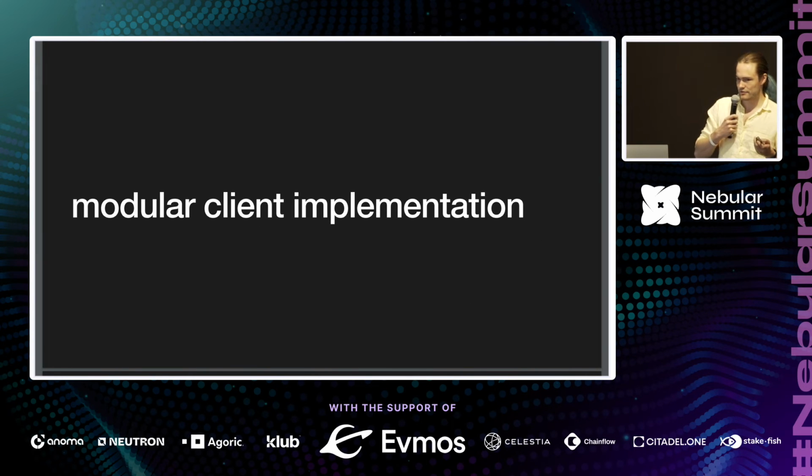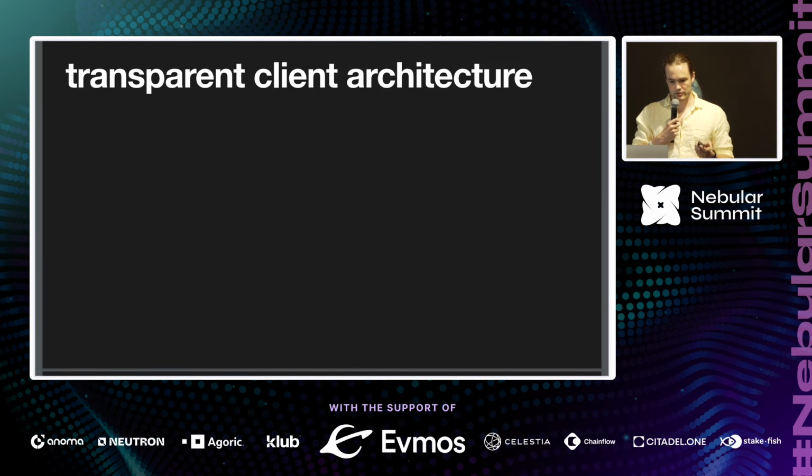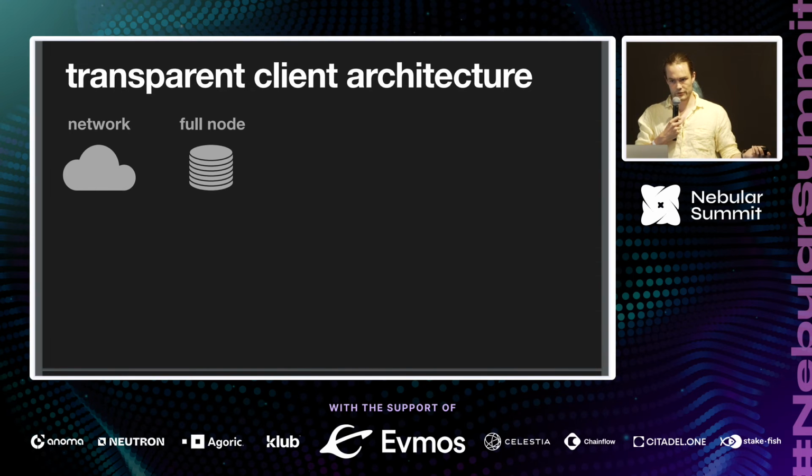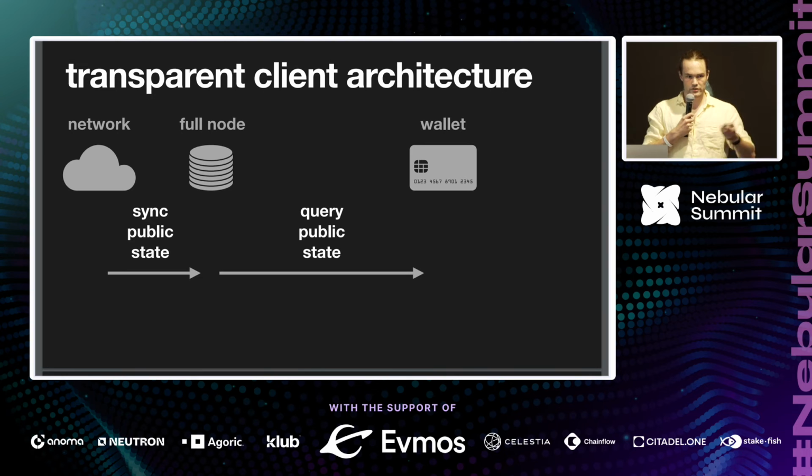And to be in a position where that's actually useful for wallet developers, we've structured that into a modular client implementation. So if you think about the traditional architecture of a client for a transparent chain, we've got, okay, here's the network, there's some full node, there's my wallet, and the full node is syncing some public state from the network, and then my wallet is querying this full node or some RPC provider that's running full nodes.